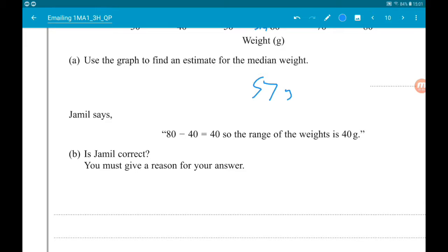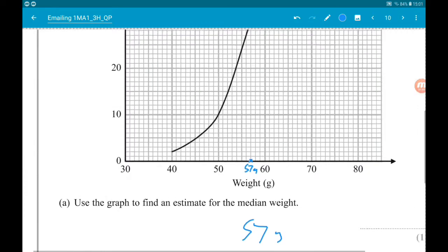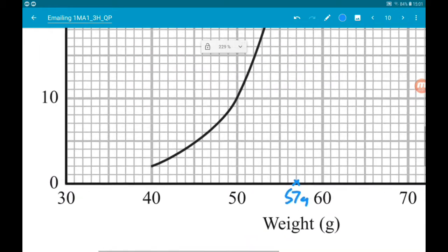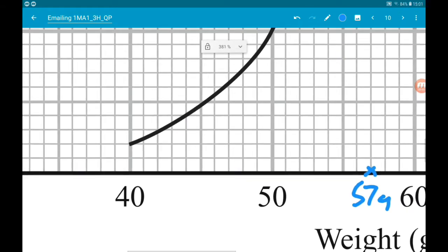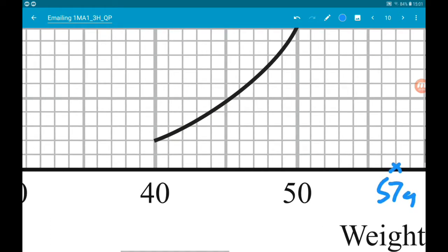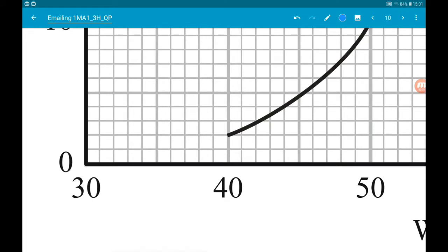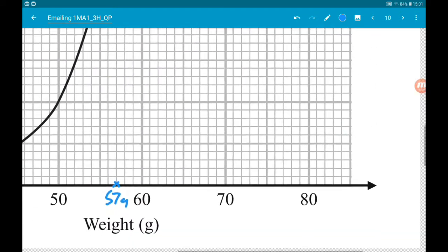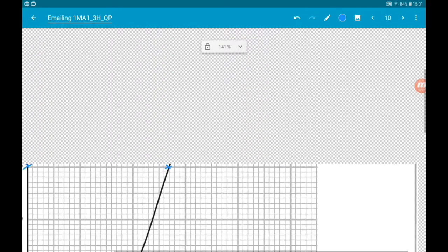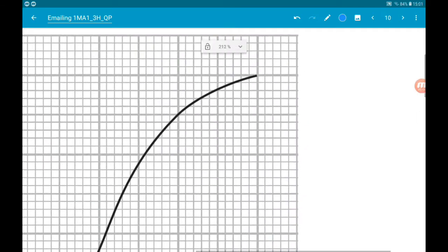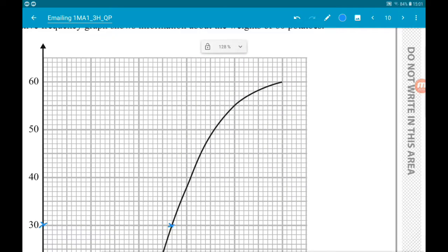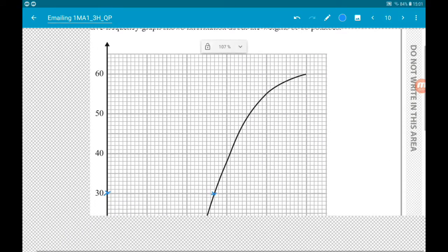You must give a reason for your answer. Okay, so where his numbers are coming from are that 40 is the smallest number down here, and 80 is the biggest number that the graph goes across to.